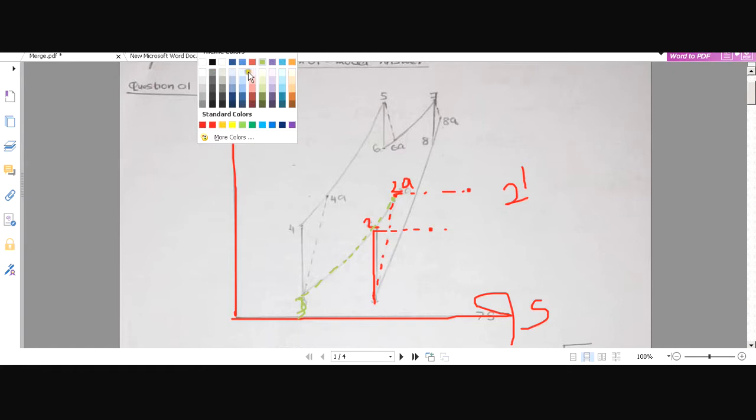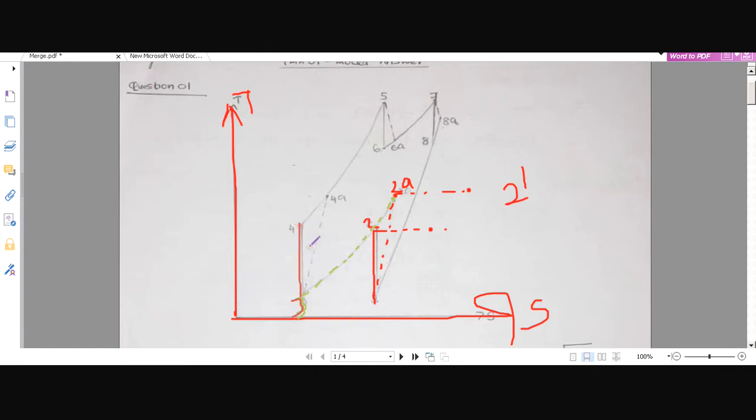Then again, now we have the representation from 3 to 4. What is the representation from 3 to 4? 3 to 4 is the final compression stage, the second stage compression, right? Because here you can see the entropy level is same. So that is 3 to 4, the final compression.